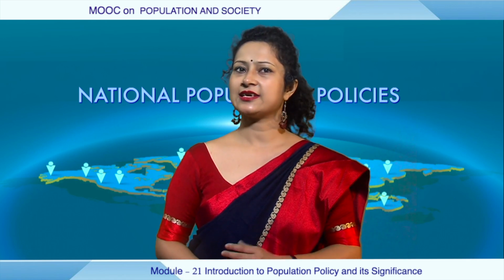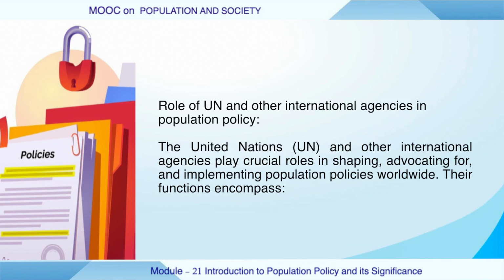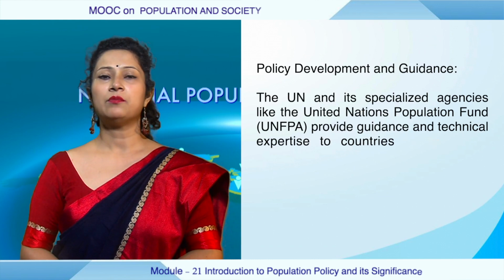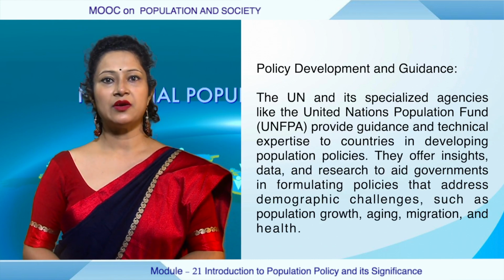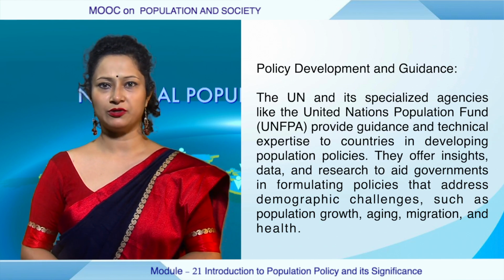Now, dear learners, let us try to understand the role of the United Nations and other international agencies in population policy. The United Nations, which will be referred to as UN, and other international agencies play a crucial role in shaping, advocating, and implementing population policies worldwide. Their functions encompass, firstly, population development and guidance, where they provide guidance and technical expertise to countries in developing population policies.